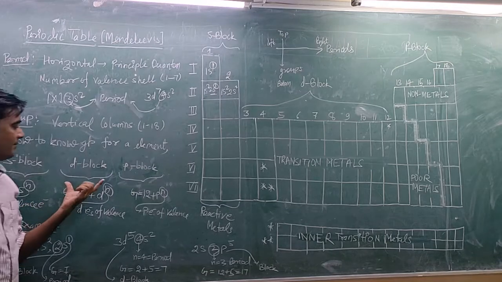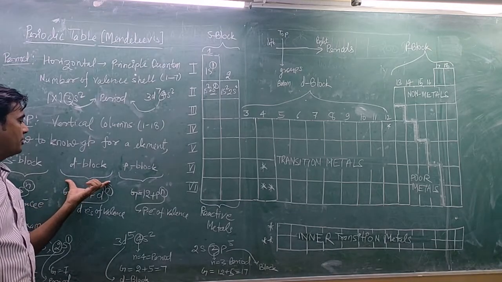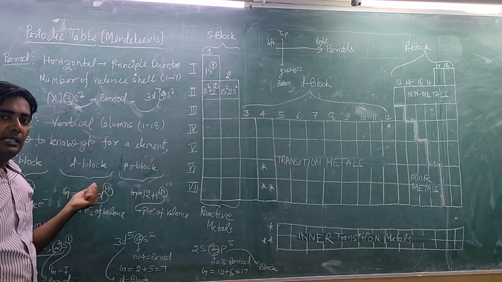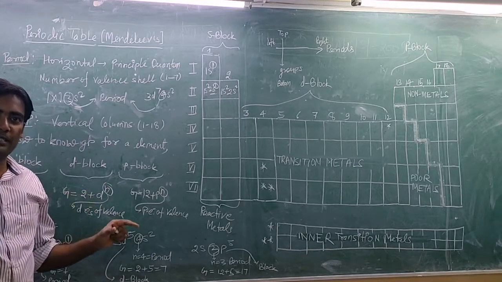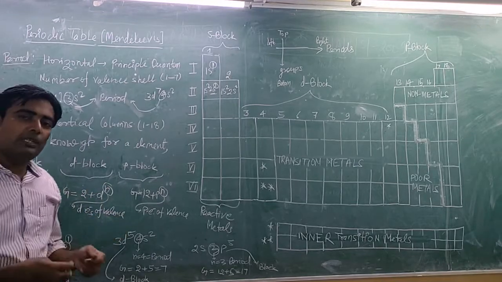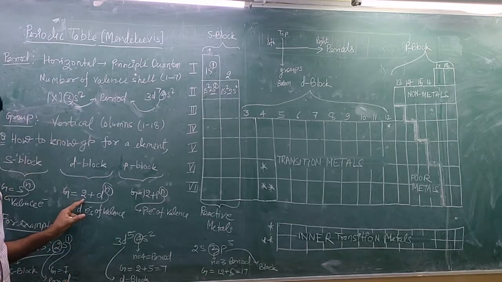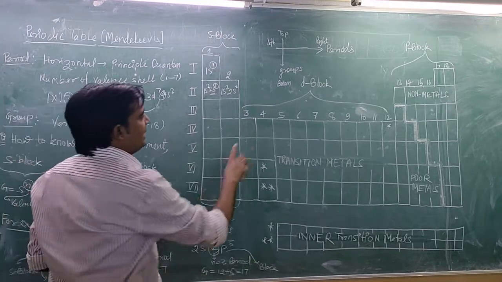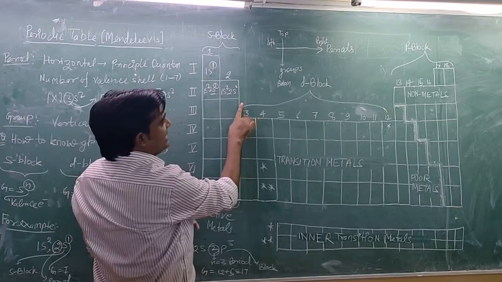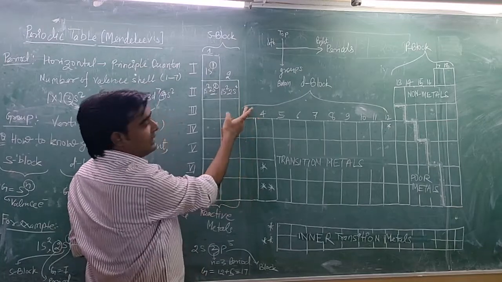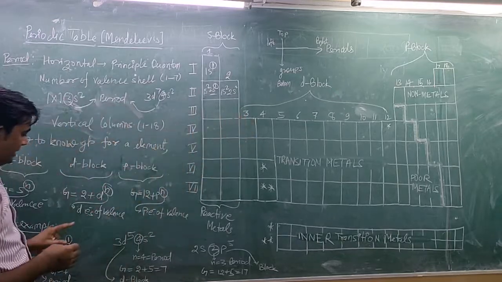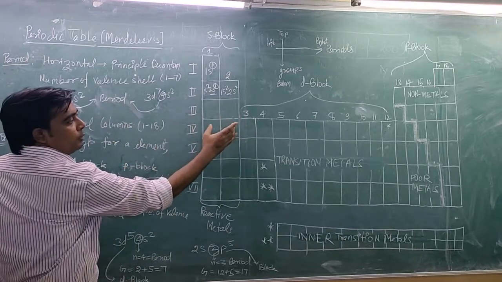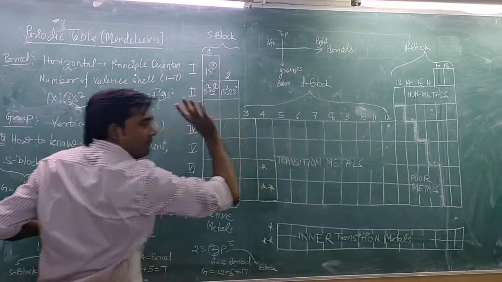Okay, now if we talk about d block elements, how can we know the group of the element? If you have any d block electronic configuration, then to calculate the group you need to add 2. Why 2? Because d block elements start from the third group, that means there are 2 groups before the d block, so we need to add 2 plus the d electrons.